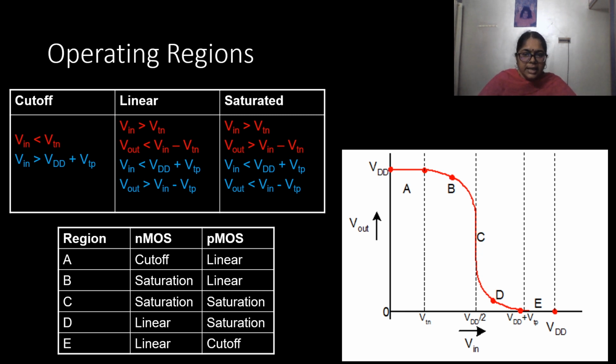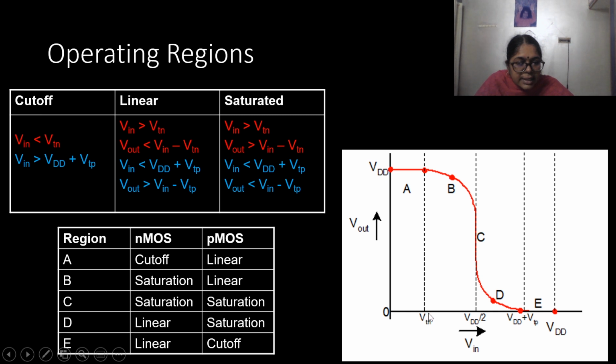in region A, the nMOS transistor, you can see the input voltage is less than VTN. So, when the input voltage, that is the gate voltage given to the nMOS transistor, is less than the threshold voltage, the nMOS transistor is off, so it will be in the cutoff region.